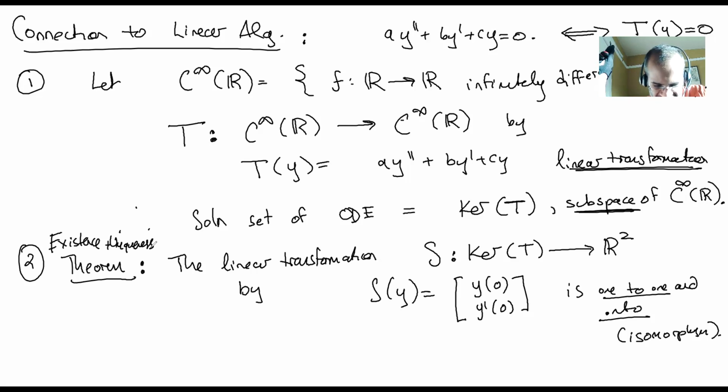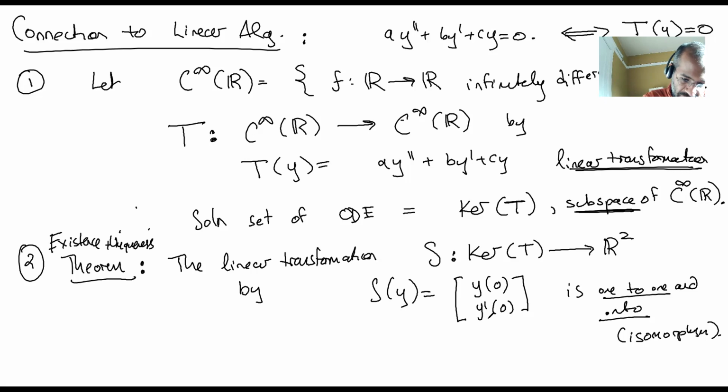So think about what this is saying. If you want a solution to the differential equation which matches a certain value at 0 and a certain derivative at 0, there exists exactly one solution, right?